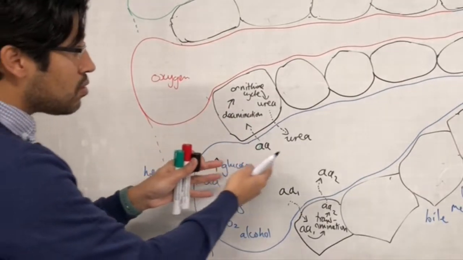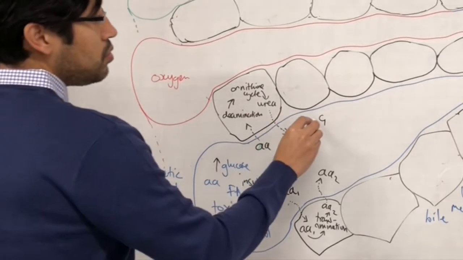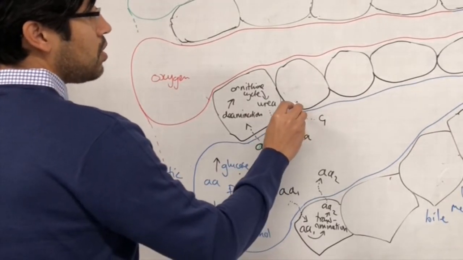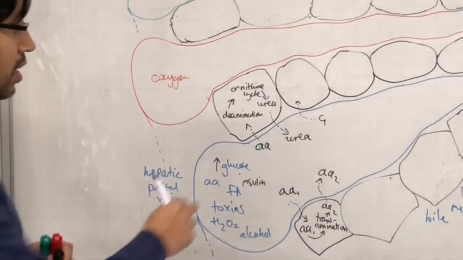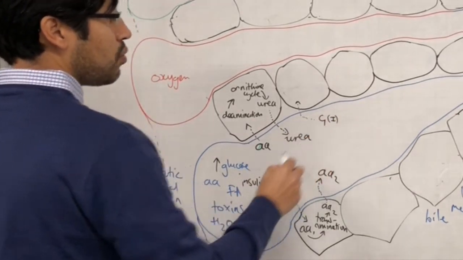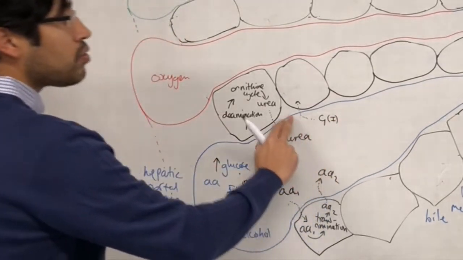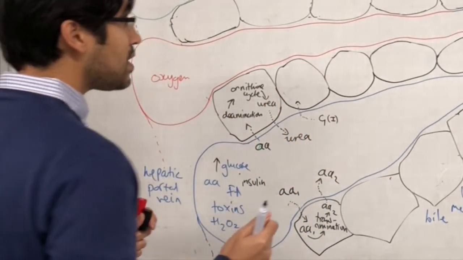So as this glucose flows past, it will diffuse into a hepatocyte as long as insulin is around. So I'll just put in brackets, with insulin present. Okay, so if insulin is there, the glucose will be taken up into the cell.